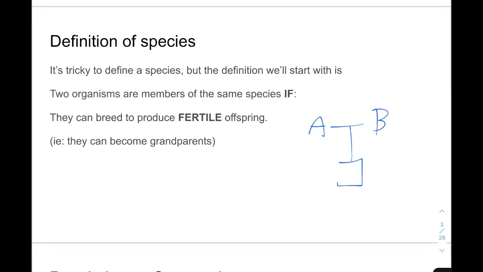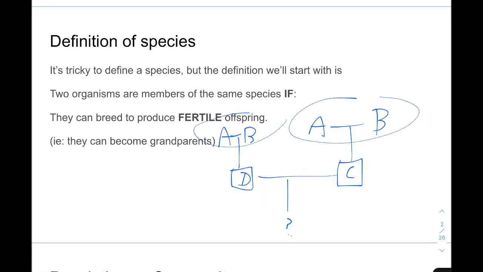If yes, we're halfway there. But we take another A and another B, and if they mate, they have offspring too. Maybe I'll make that one D. Can these two mate and have offspring? So are A and B in the same species? The question is, can we get to here? Can we have grandchildren?